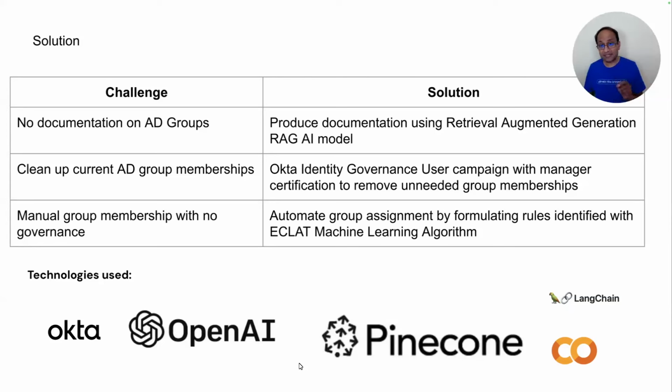It is the first challenge that we will focus on today, and we will produce documentation using a Retrieval-Augmented Generative AI model, which means that we are operating on our data.